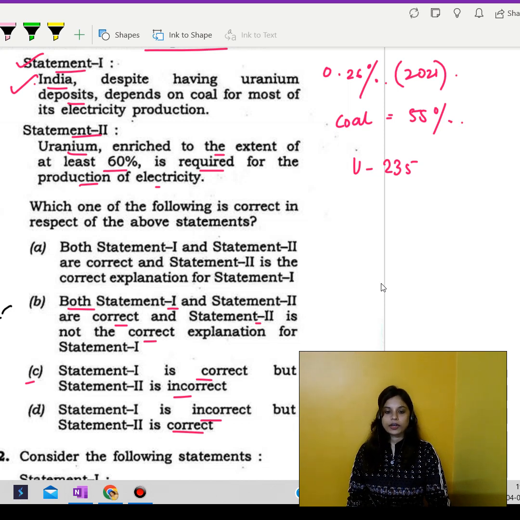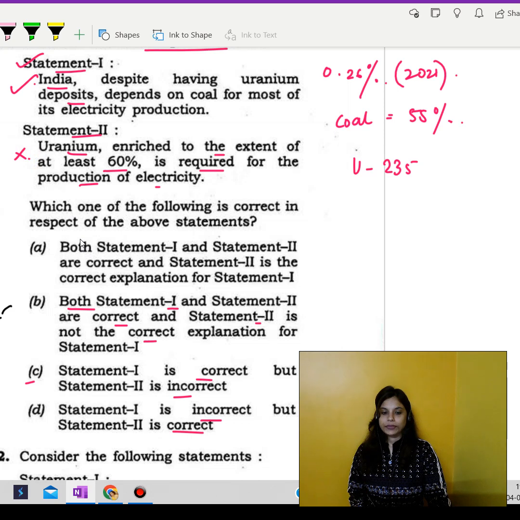Low enriched uranium, which typically has a 3 to 5% concentration of uranium 235, can be used to produce fuel for commercial nuclear power plants. So hence we can say statement 2 is not correct.